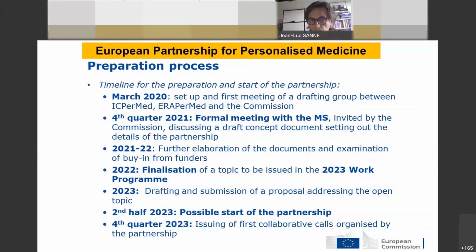meetings. We also will start, in this first quarter, to prepare the work program, because there will be, at the end, a topic in the second work program, and we will finalize the work program in 2022, so next year. And we expect to have a partnership on personalized medicine in the first year of the second work program. That means 2023.